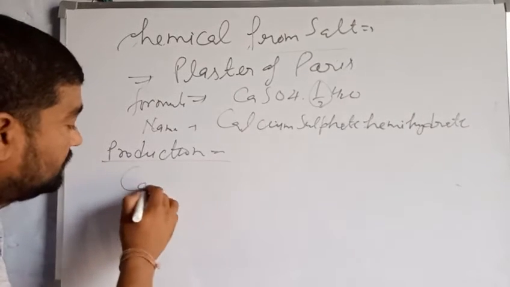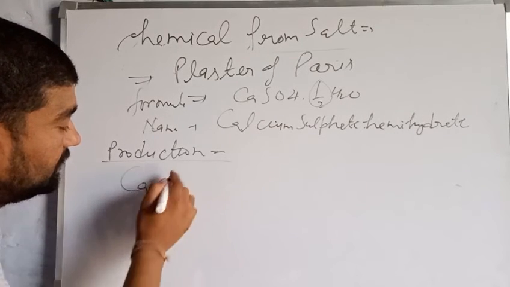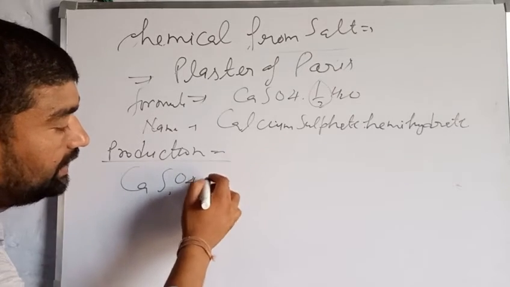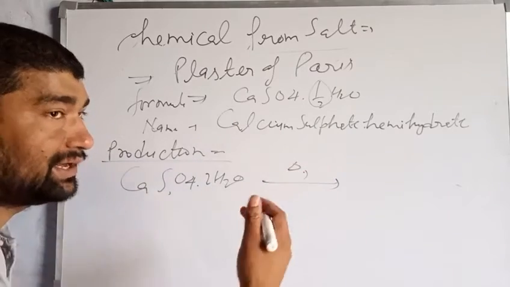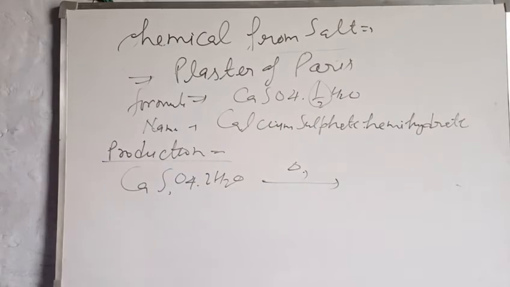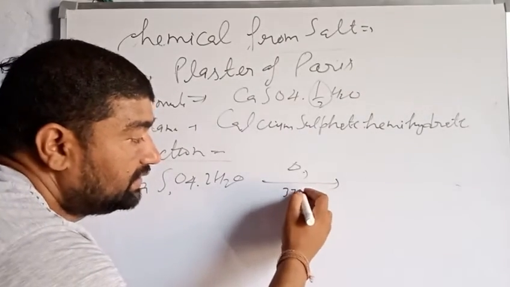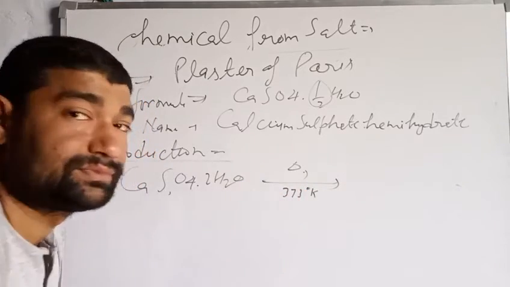So gypsum is CaSO4·2H2O. When we strongly heat that, at a high temperature, like 373 degrees Kelvin, what will happen?